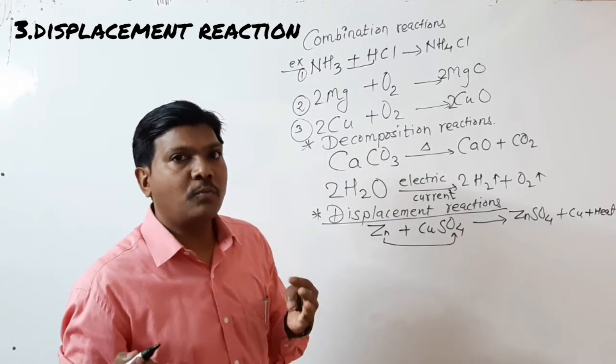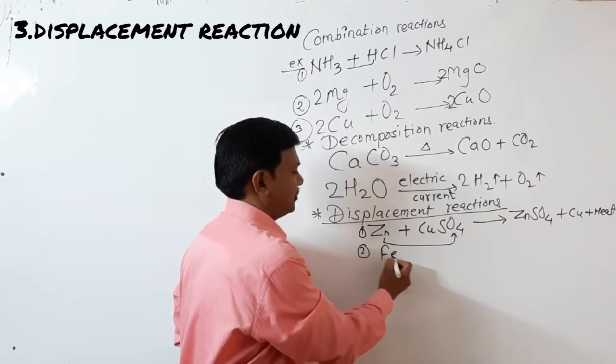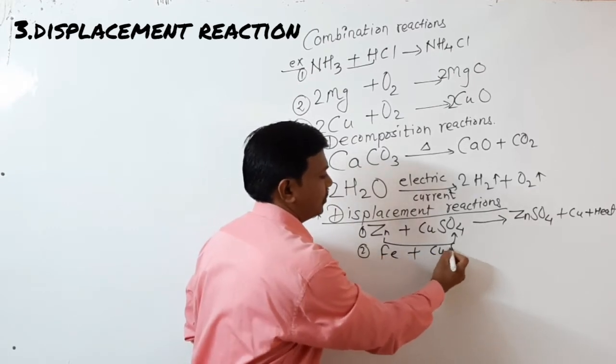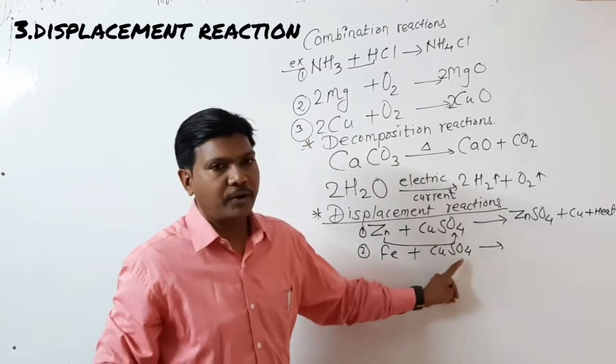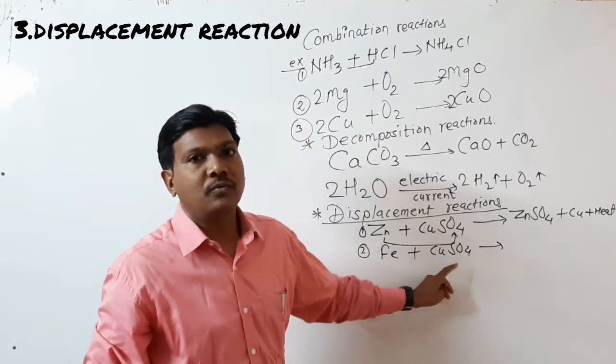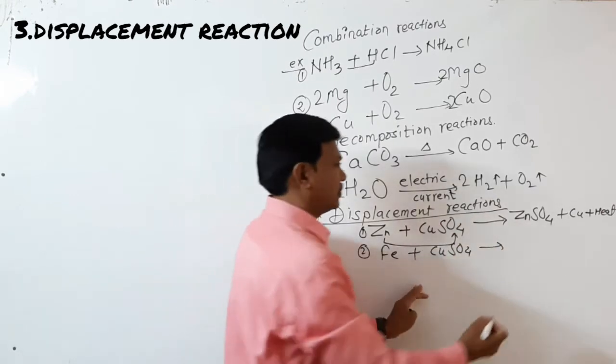Similarly, ferrous and copper sulfate. See ferrous Fe plus copper sulfate. Again what happened? This ferrous is combined with sulfate, so ferrous sulfate, then copper and heat. So how can we write?